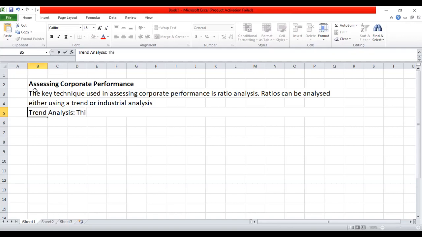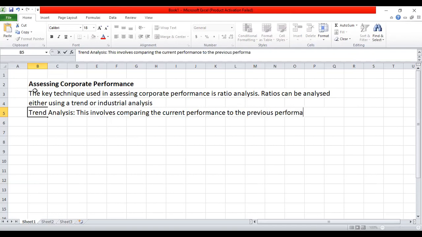So we can say that this involves comparing the current performance to the previous performance in order to establish an increase or a decrease in the performance.